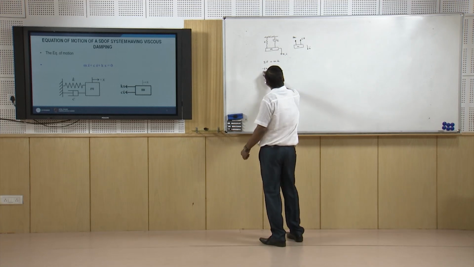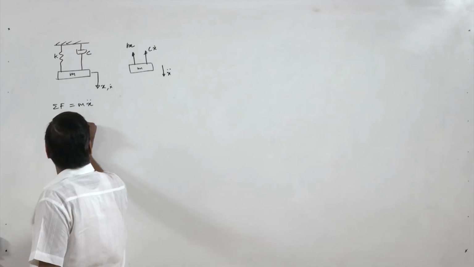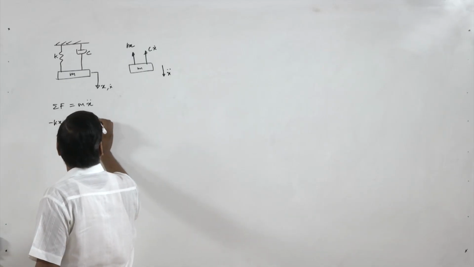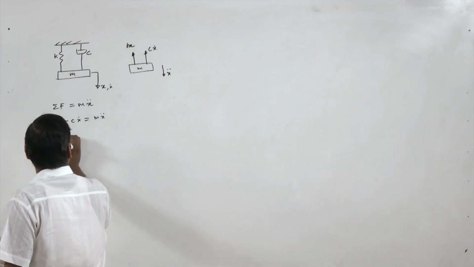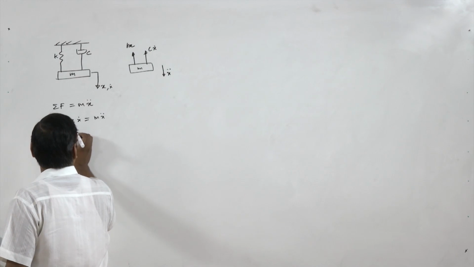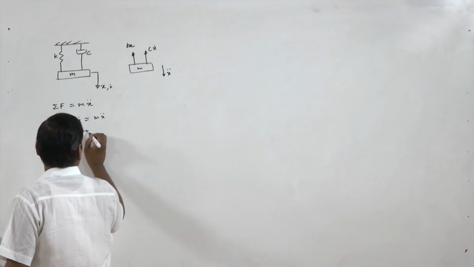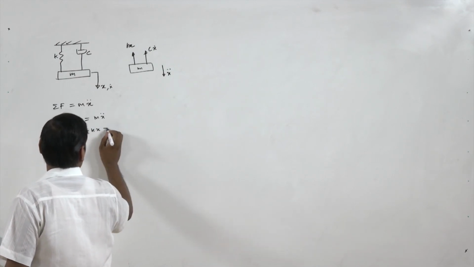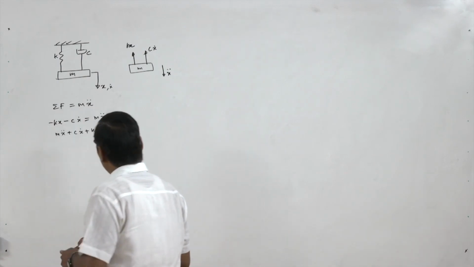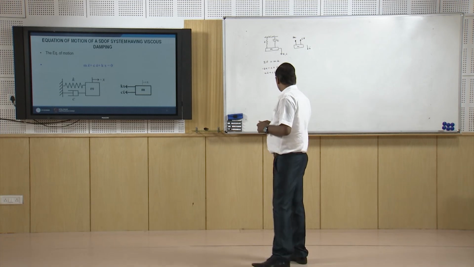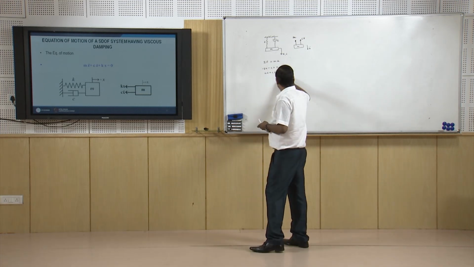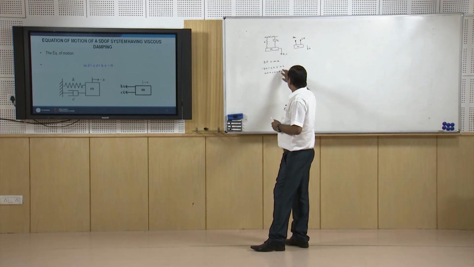So minus kx and minus cx dot equal to mx double dot. We can write mx double dot plus cx dot plus kx equal to 0. This is the equation of motion of free vibration of this system.